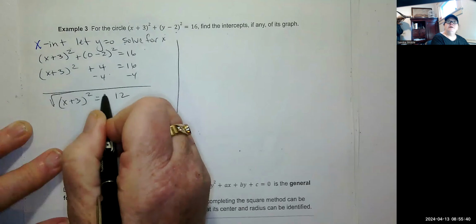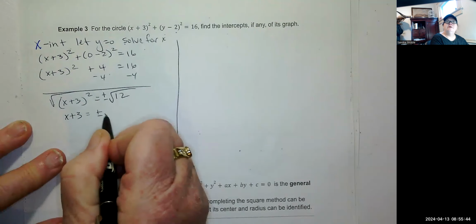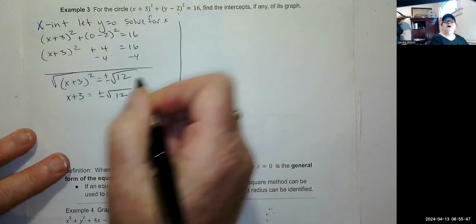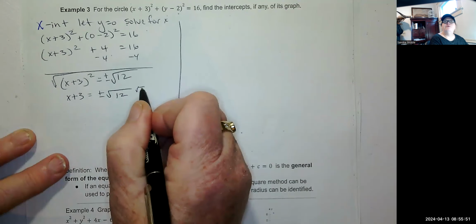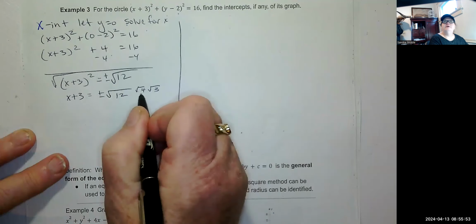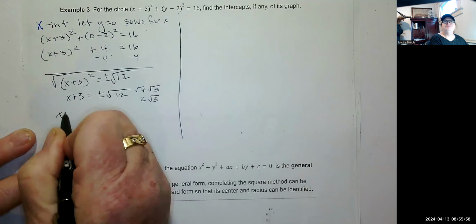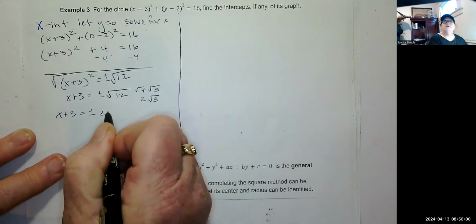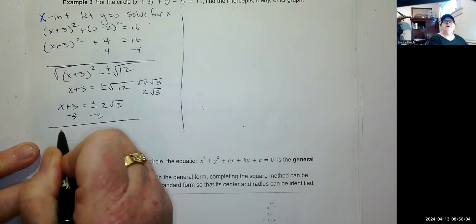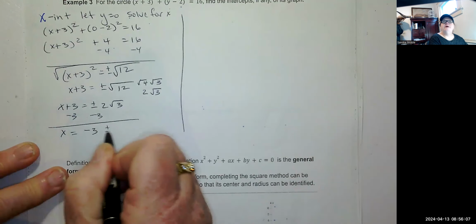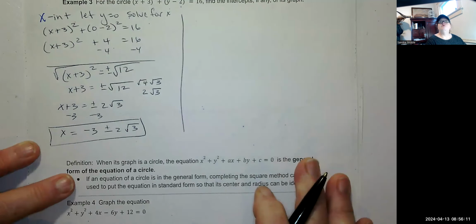Take the square root of both sides, plus or minus on the right. x plus 3 is equal to plus or minus the square root of 12. This 12 can be broken down into the square root of 4 and the square root of 3. So square root of 4 is 2, and then square root of 3. So I'm just going to rewrite this real quick: 2 square root of 3. Now I'm going to subtract 3 from both sides. x is equal to negative 3 plus or minus 2 square root of 3. Those are my x-intercepts, or zeros.